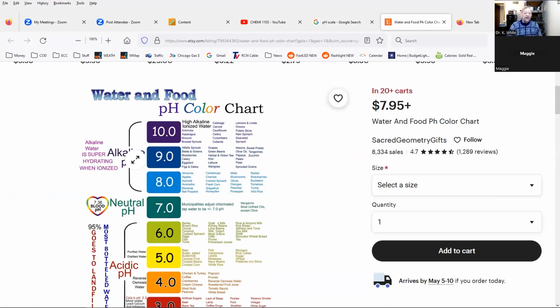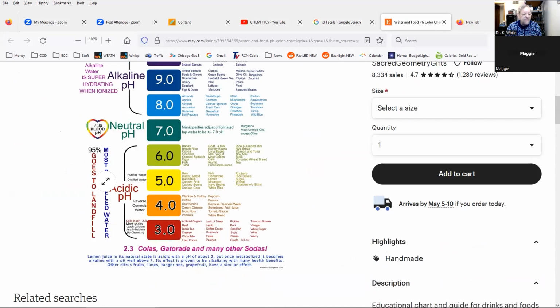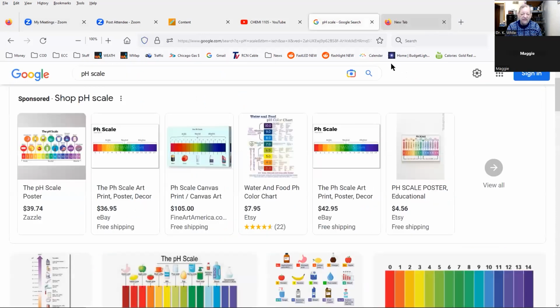And here's another one that gives you examples of things that are acidic, basic. What's another basic thing? I don't like this chart. I see some mistakes already.